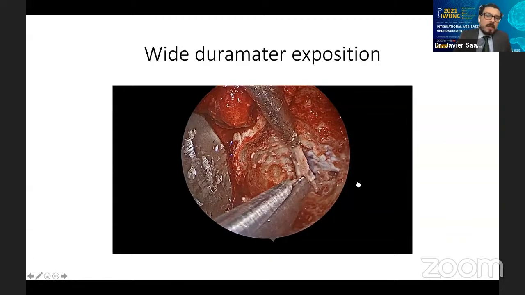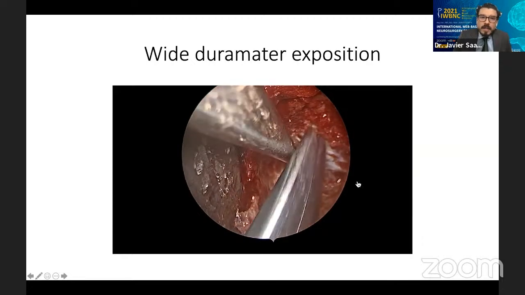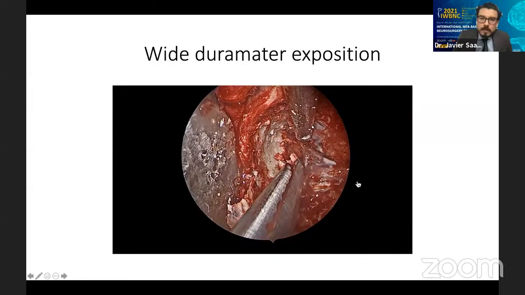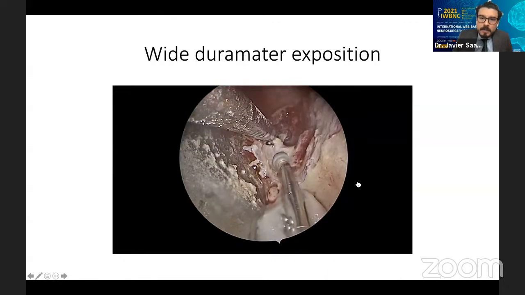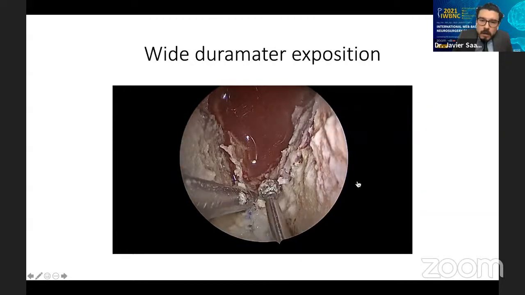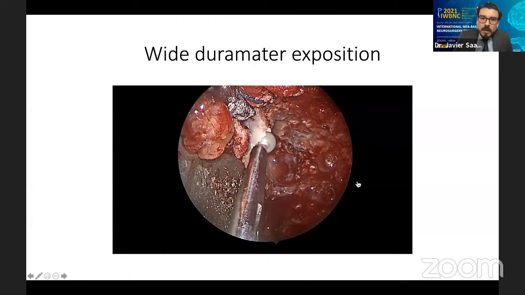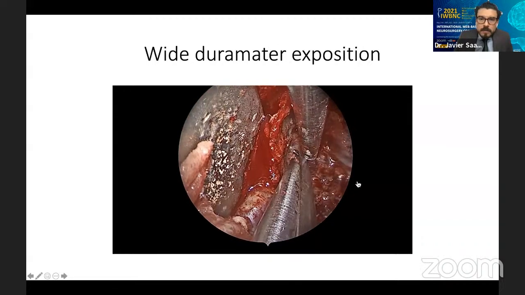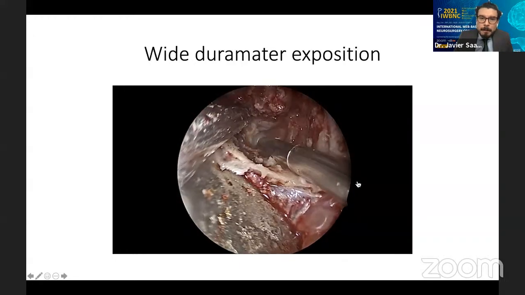Then, as you do in the nasal procedures, you want to have a wide dural exposure. This is the meningo-orbital band. We have to drill a little more. We are drilling the inferior orbit, having access to the infratemporal fossa. More bone to drill.